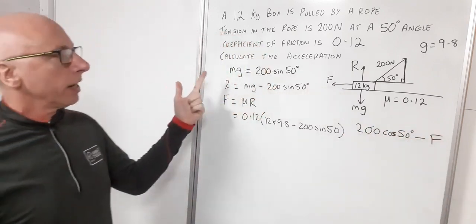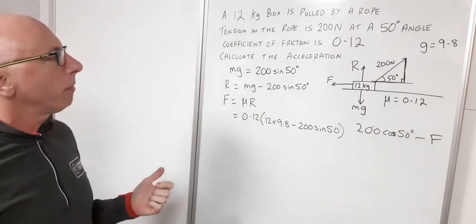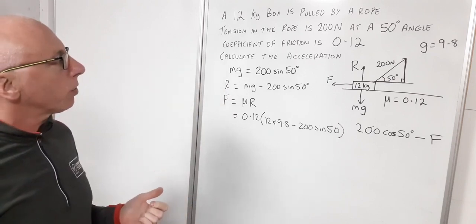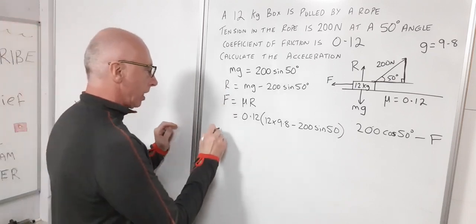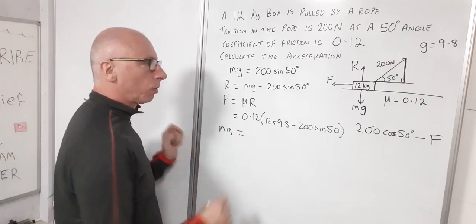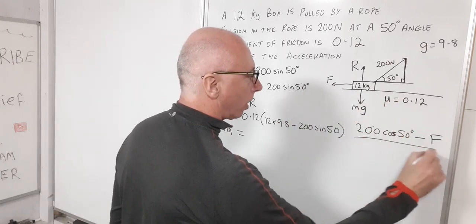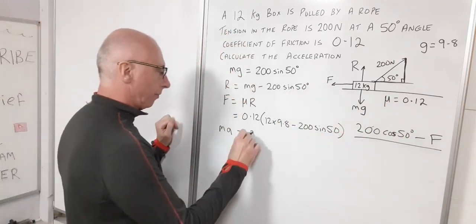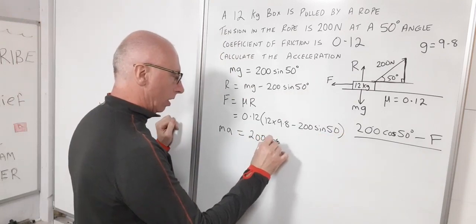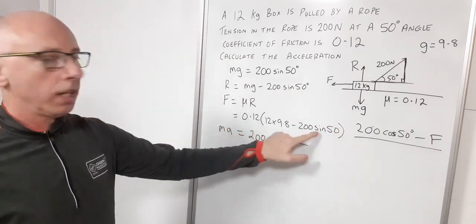Now as we're calculating acceleration, we can use Newton's second law of motion, which says force equals mass times acceleration. So mass times acceleration will equal this force here, as that's the direction of travel of our box. So we want 200 cosine of 50 minus F, which is given here.